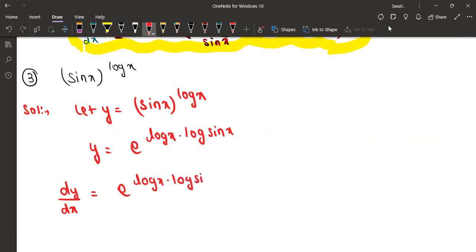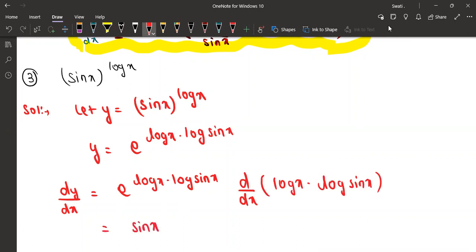If you observe it properly, you can see that the same thing is happening again and again. The question is getting changed, but the formula and the way of solving the questions are similar only. And now by using the chain rule, we have to do the derivative of this log x times log sine x, right? So this will become as it is, sine x raised to log x.